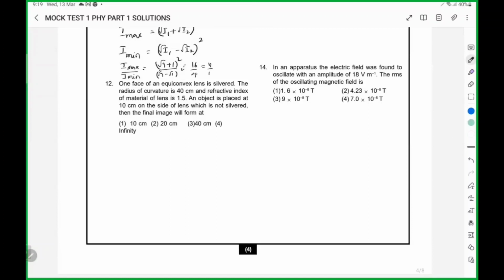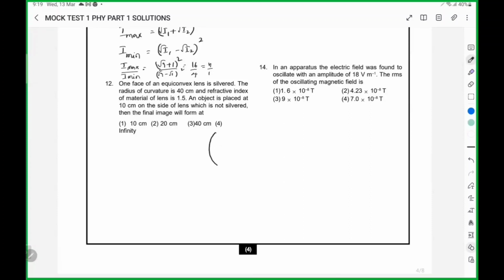One face of an equiconvex lens is silvered. The radius of curvature is 40 centimeter. The refractive index is this. The object is placed at 10 centimeter from the side of the lens which is not silvered.